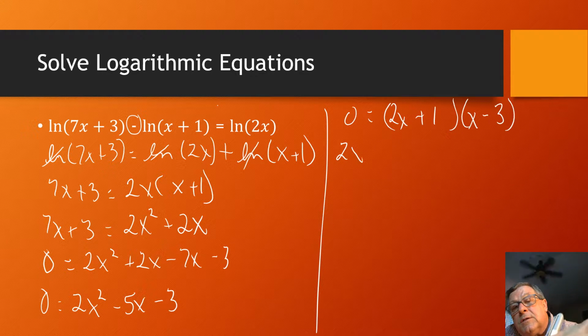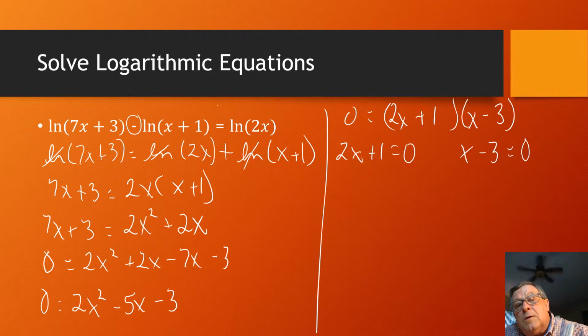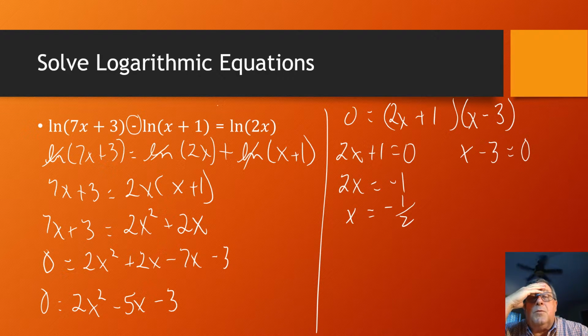Now let's set each factor equal to 0. So I got 2x plus 1 equals 0. I got x minus 3 equals 0. Subtract 1 from both sides, so I got negative 1, and then divide by 2, I got negative 1/2. Now that's a possible solution, but if I take that negative 1/2 and I plug it in for x, well, over here at 7x, that'd be negative 3.5 plus 3, and that means I'd be trying to take the log of a negative number, which I can't do.